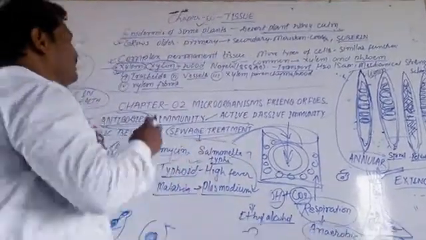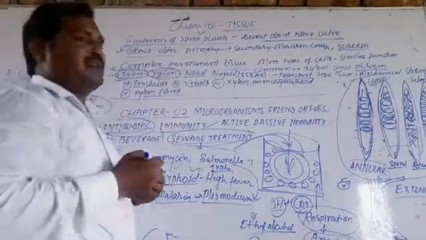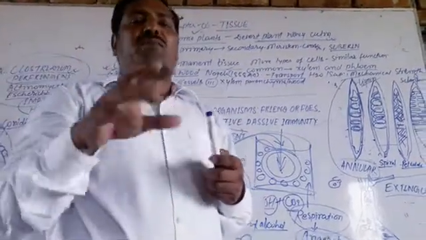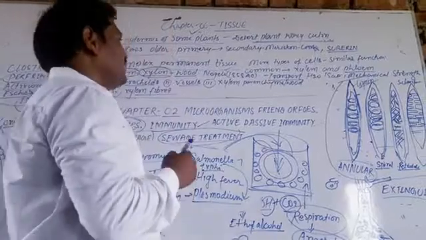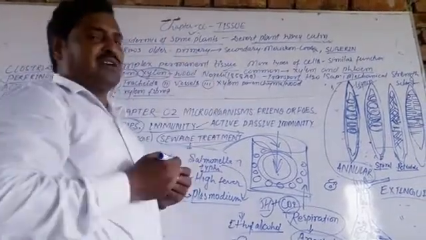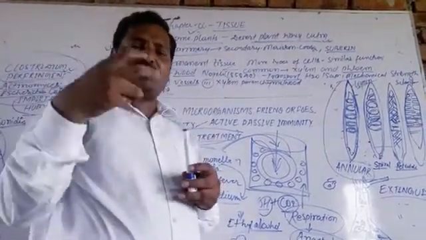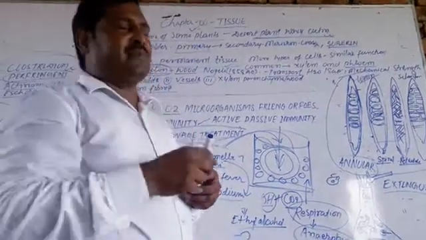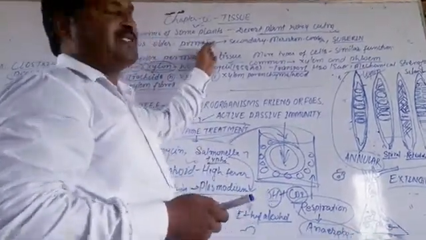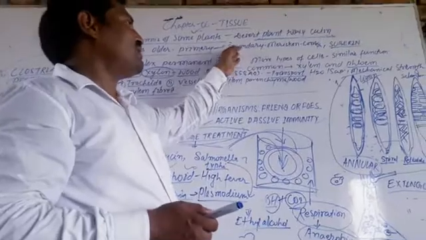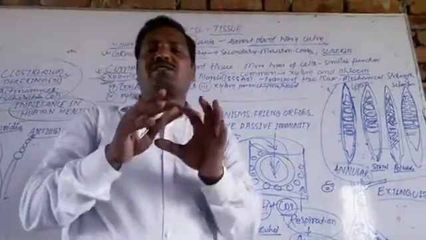Now another thing is that sometimes the epidermis tissue, when the plants grow older, after that the meristematic tissue first divides, they make the primary meristem. After that the primary meristem divides into the secondary meristem, which makes the cork.